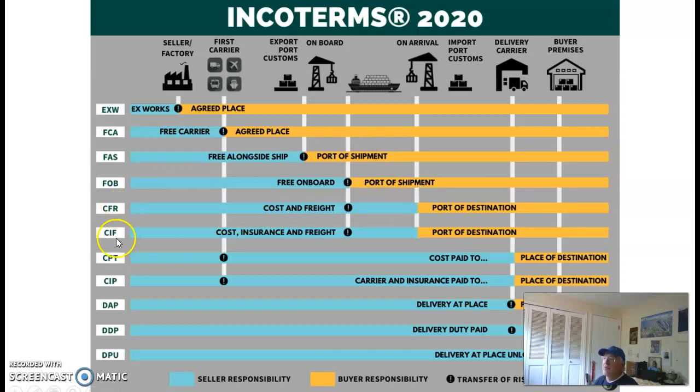One of the more common ones is CIF, cost, insurance, and freight. If they have a good rate, they can bring that stuff all the way to a port. Somebody who's shipping out a lot. The idea is that if you're buying from a factory over here, you don't really have that. If I'm buying from a small factory in Honduras somewhere, I'm not about to arrange all the shipping from this port all the way to here.